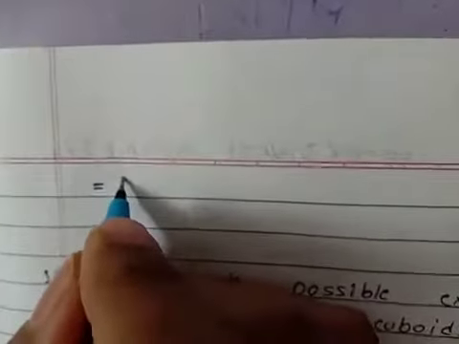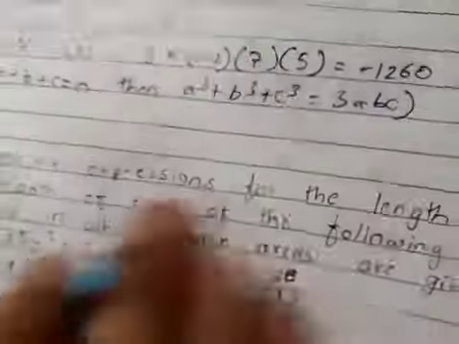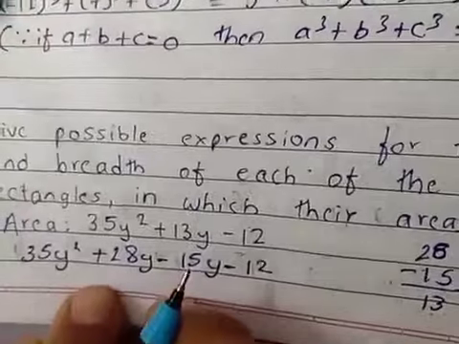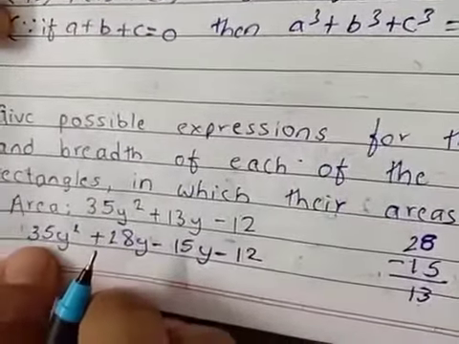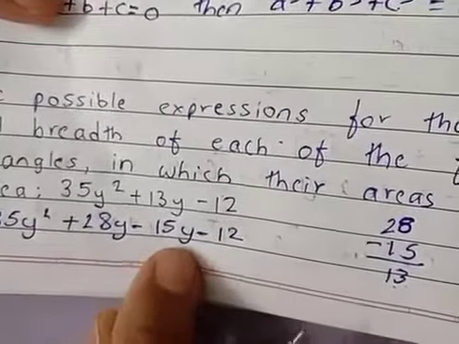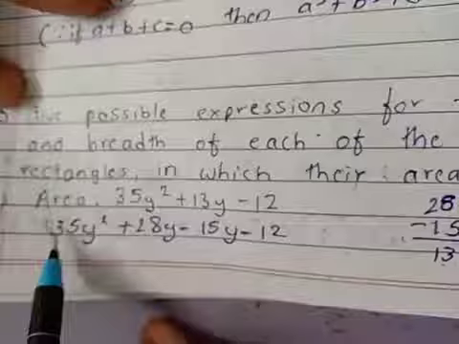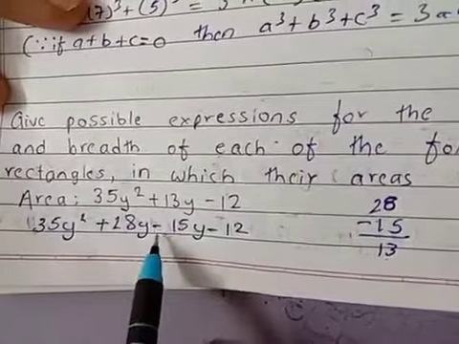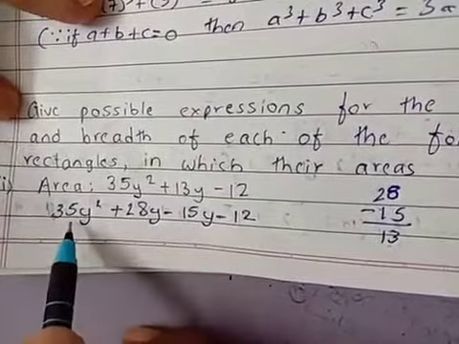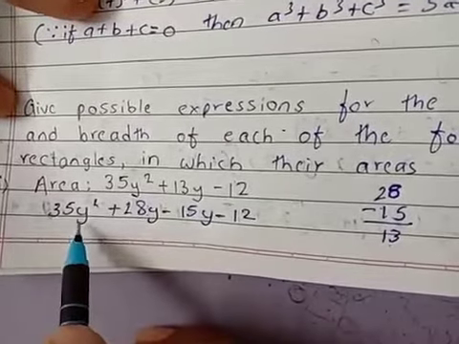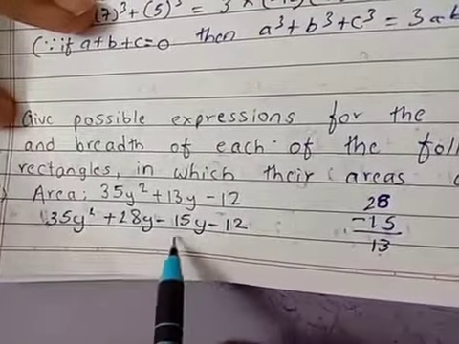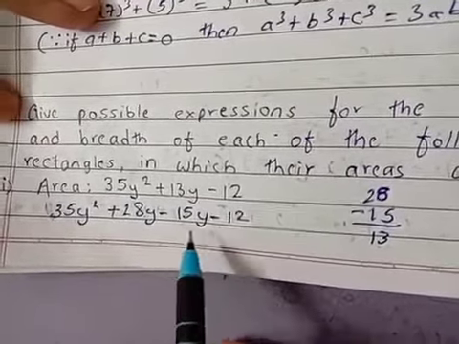Now what is common in this? In 35 and 28, 7 is common. 7 4s are 28, 7 5s are 35. And in the other two, 3 is common. 3 5s are 15, 3 4s are 12. Now what is common in the first two? y is common, and 7. And in the other two, 3 is common.